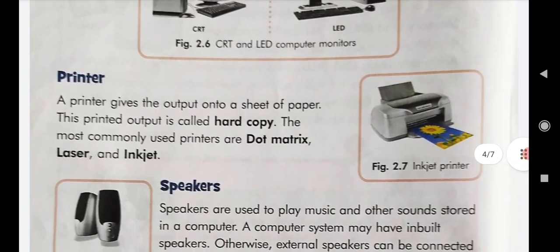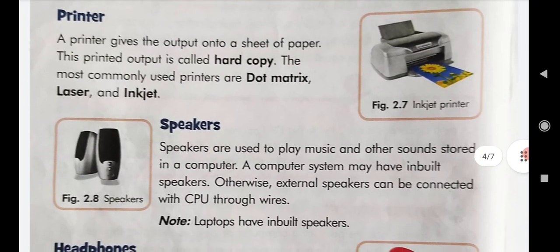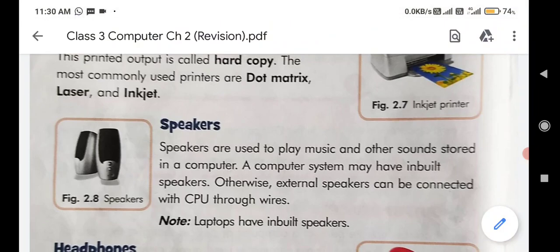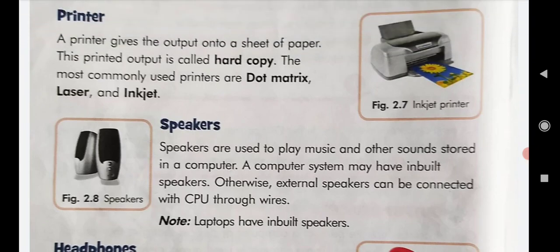Next, come to the printer. Printer is also an output device. It gives the output on a sheet of paper.